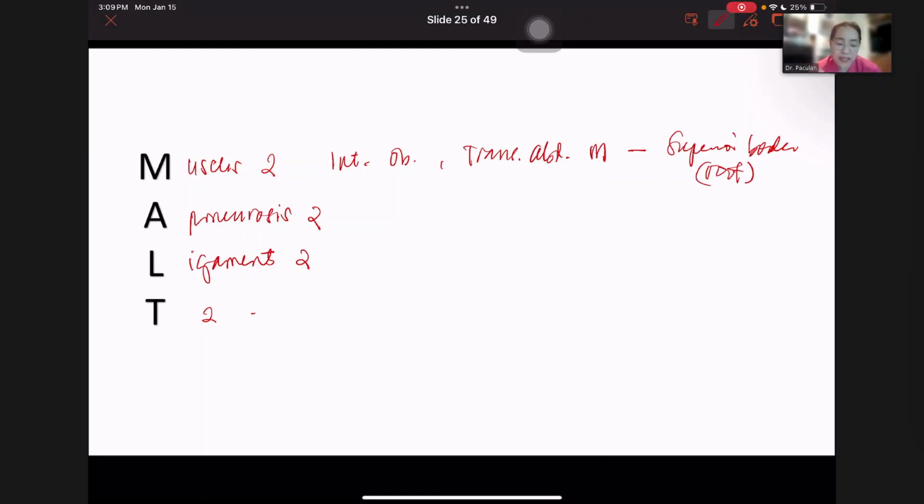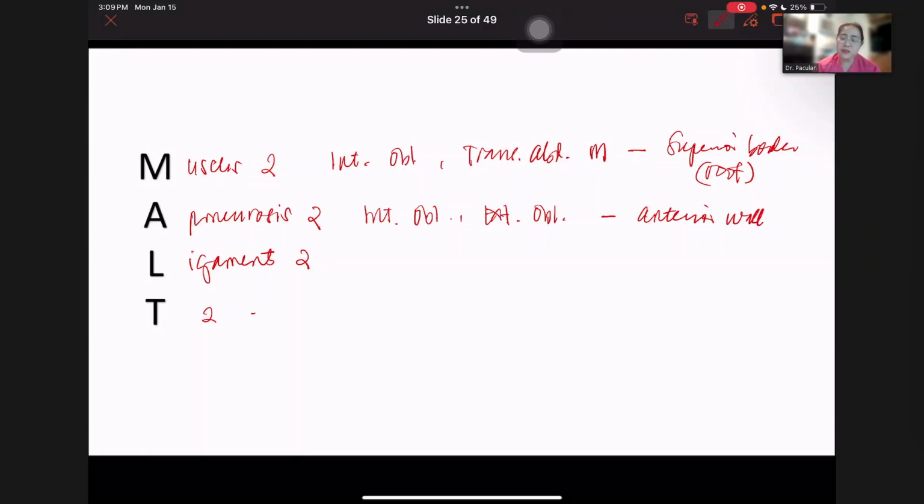And now you have two A's, two aponeuroses: your internal oblique aponeurosis and your external oblique aponeurosis. And this would be in the anterior wall.